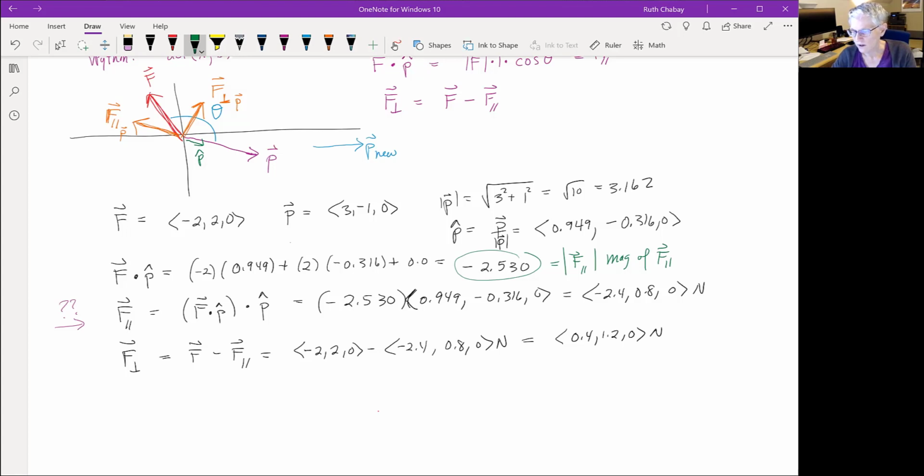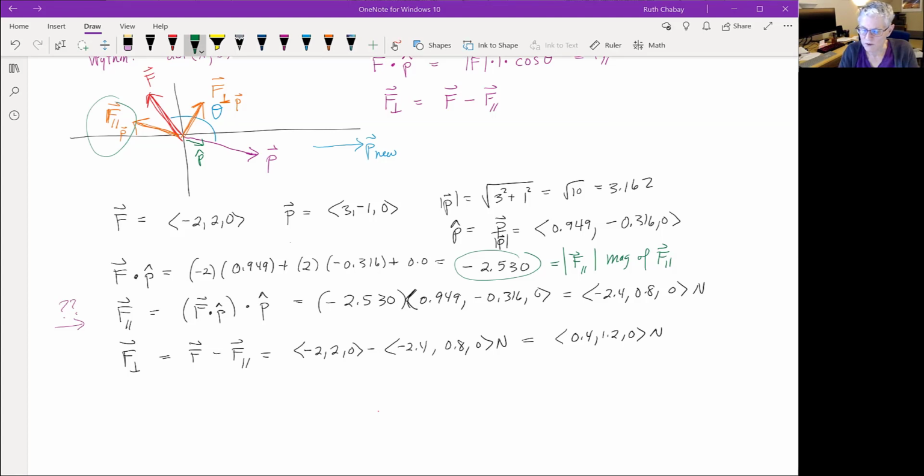So that's F cosine theta. That gave us the magnitude of this vector here, magnitude of F parallel. But we need to turn it into a vector, so we need to multiply by the unit vector in the direction of P to get the actual parallel force vector.